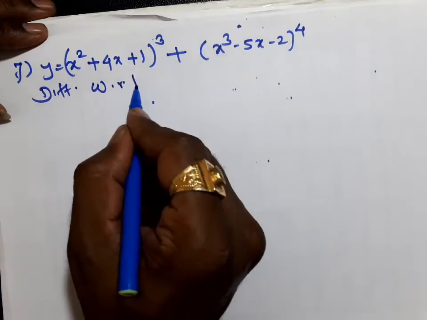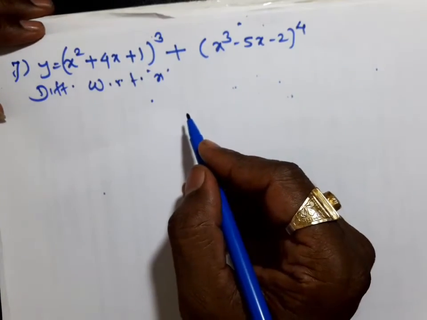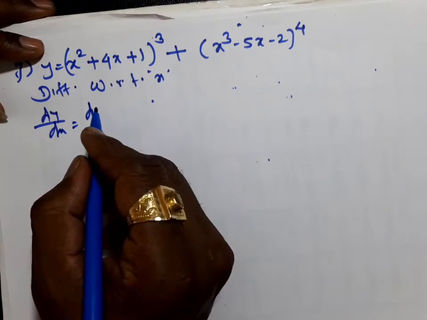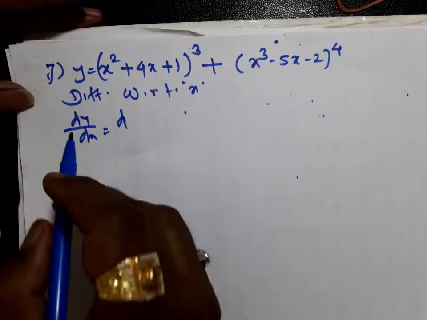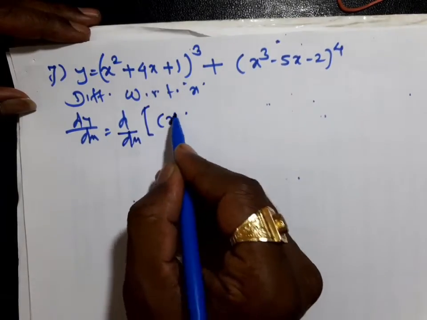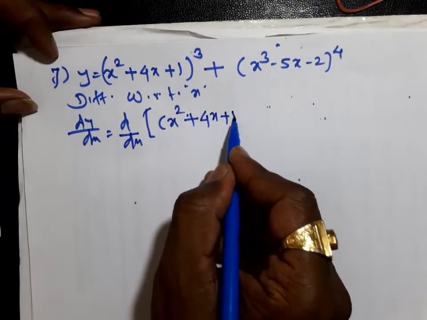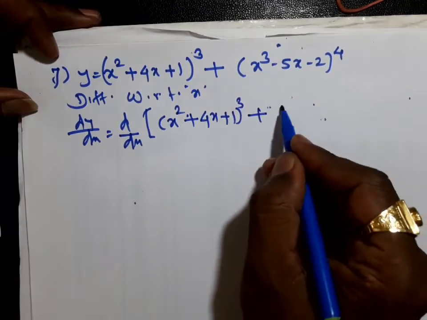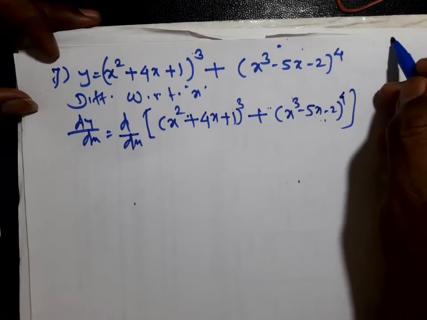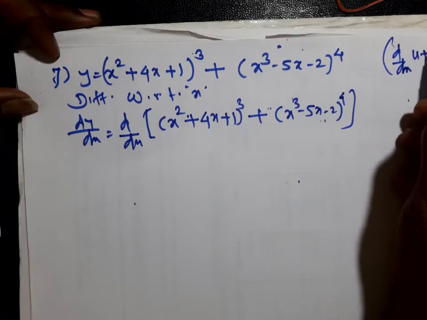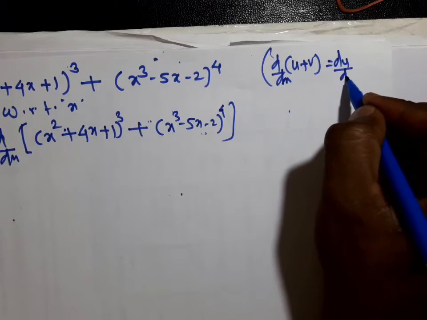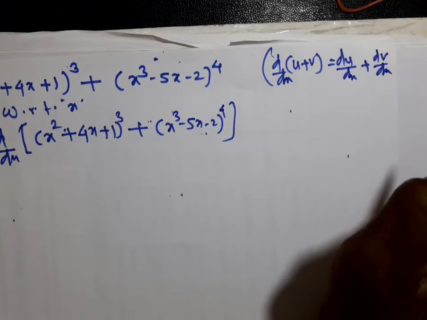Differentiate everything with respect to x. dy by dx is d/dx of... so here we are going to use the addition rule. d/dx of u plus v is du by dx plus dv by dx.